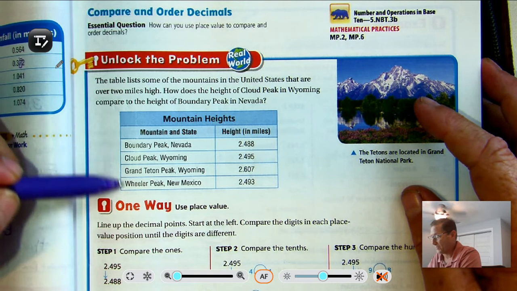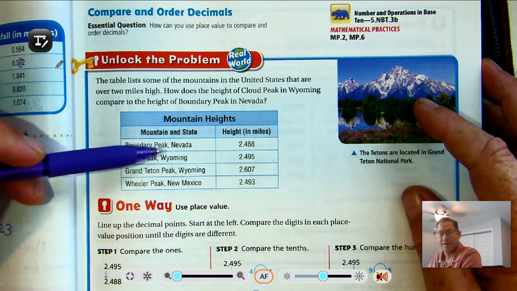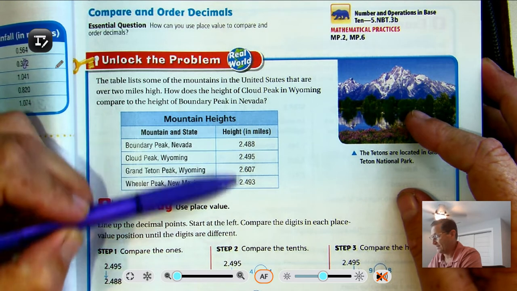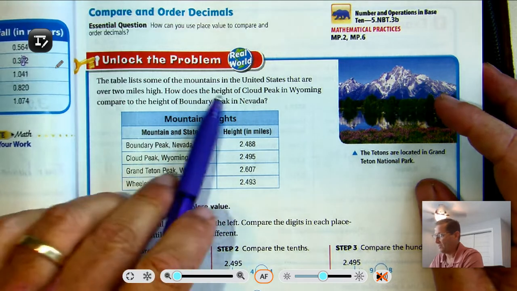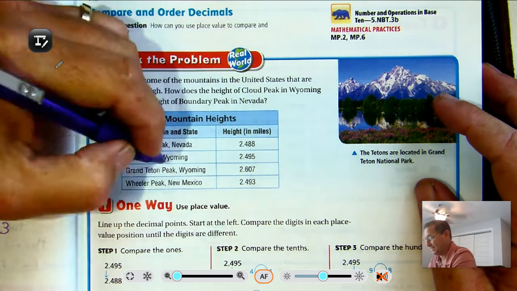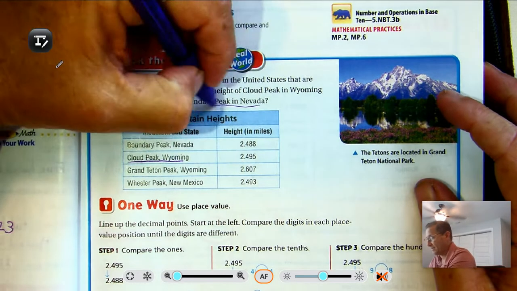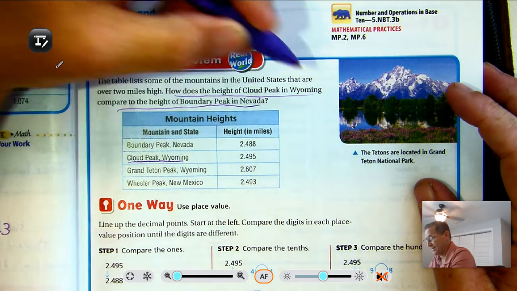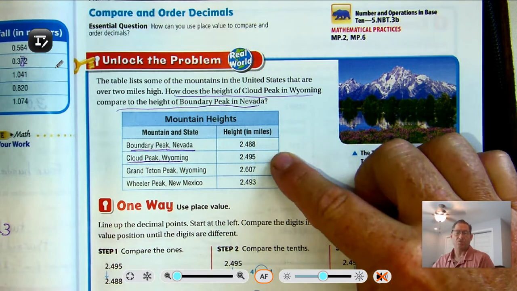We have 4 mountains and the states in which they are located, and these are their heights in miles. So how can we compare these? We're just looking at these two, right?